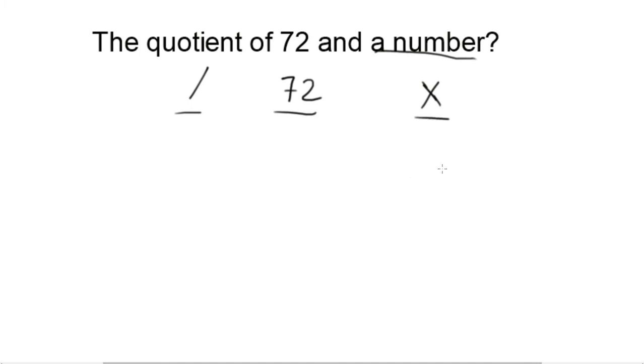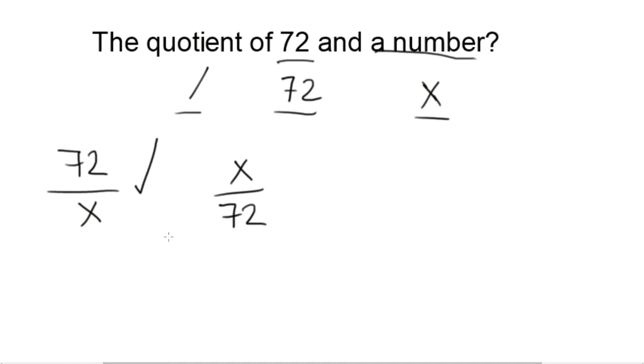Now let's put that together. So we have a quotient of 72. That means 72 is on top, divided by x. So if it was a quotient of a number and 72, then it would be x over 72. But in this case, it's a quotient of 72 and a number, so we know it's this example, 72 over x.